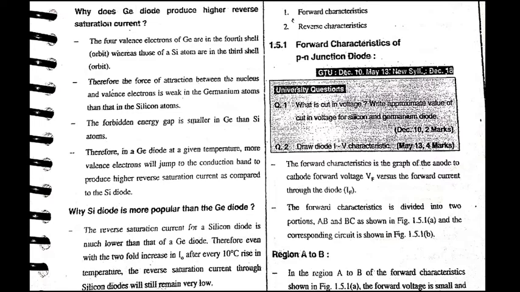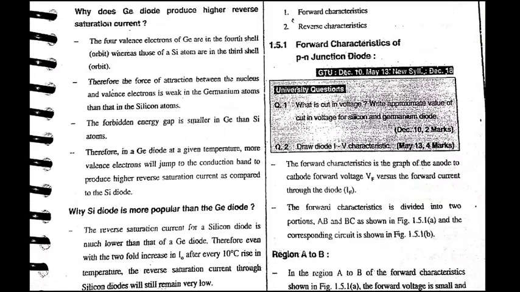So the attraction from the nucleus is quite strong in silicon, while it's weak in germanium. So the forbidden energy gap is less in germanium, and hence more electrons can come into the conduction band as compared to silicon. In germanium, more electrons are in the conduction band, so we have more current.